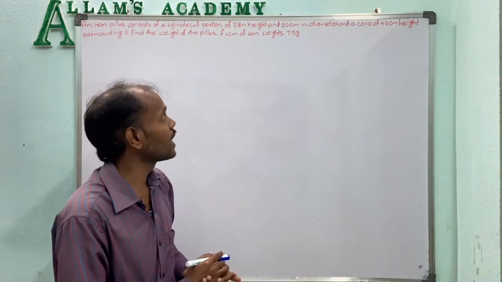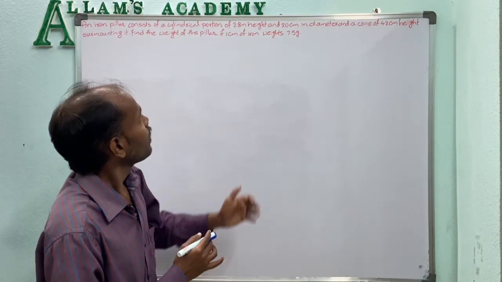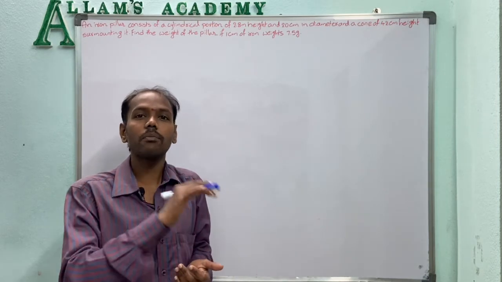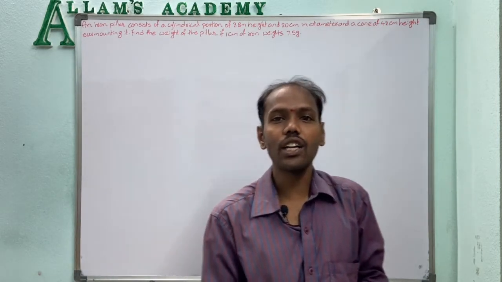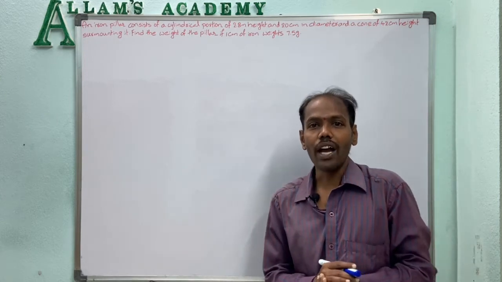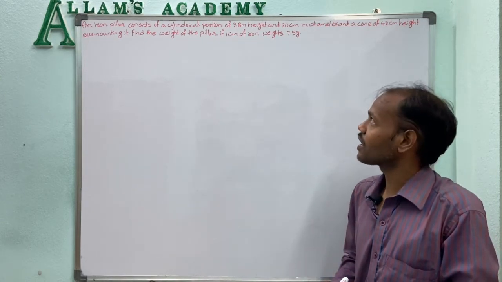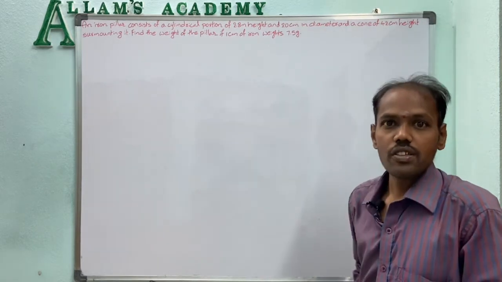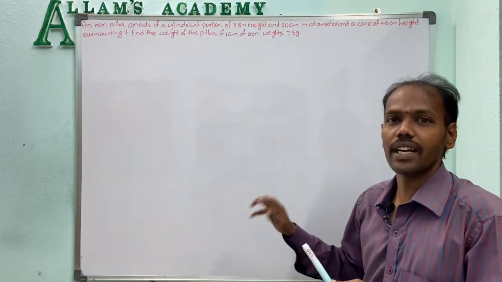So to find the weight of the iron pillar, we have to find the volume of the iron pillar. The volume of the iron pillar is nothing but the volume of the cylinder plus the volume of the cone. So we have to find the volume of the cylinder and cone.